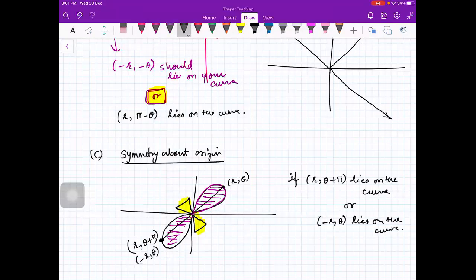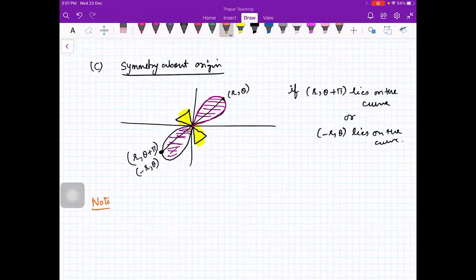Now let me ask you, this is important: if a curve is symmetric about x-axis and y-axis, can you conclude anything? If a curve is symmetric about x-axis as well as about y-axis, it is symmetric about origin also.